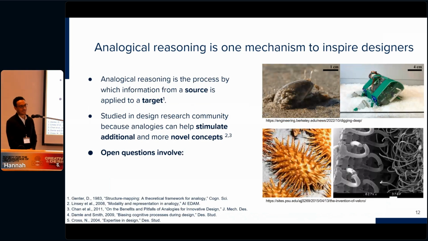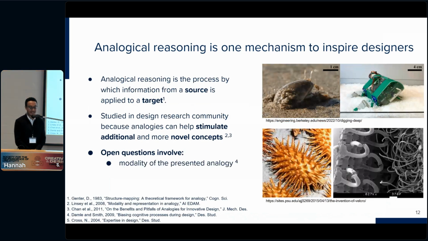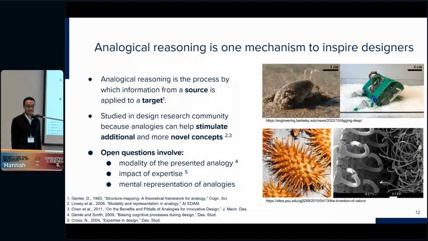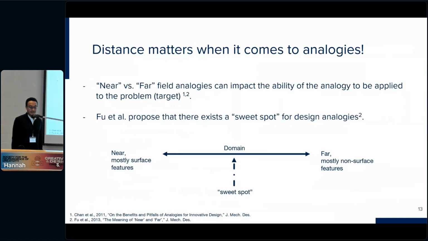So there are a lot of open questions that drive me personally. What's the best modality or way to present these analogies to designers? What's the impact of how experienced you are in terms of how you can use this information? And then, as we'll get to in a little bit, what's the mental representation of analogies? Okay, so a couple of different things I need to introduce before we can get into some of the past work.